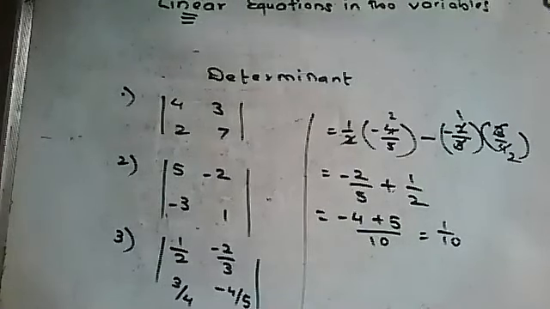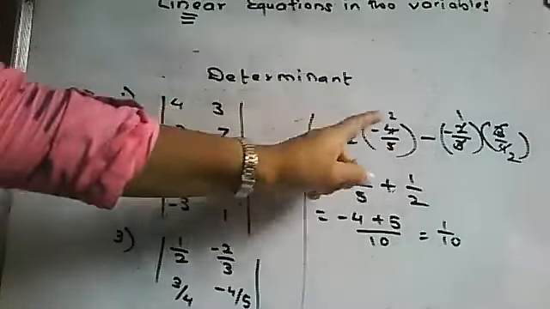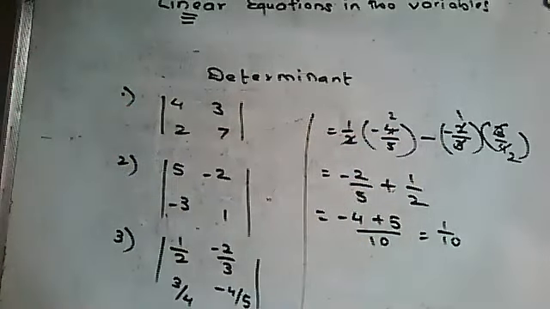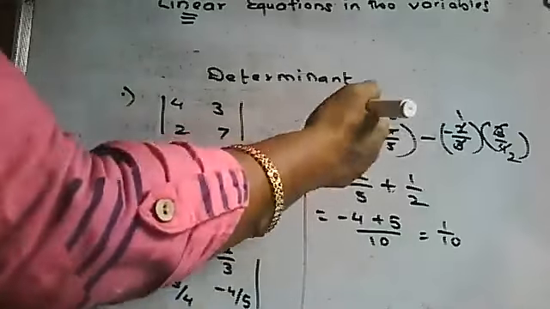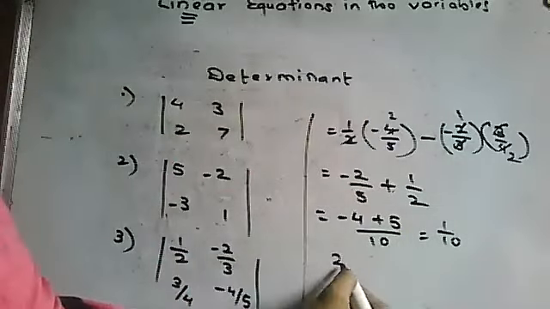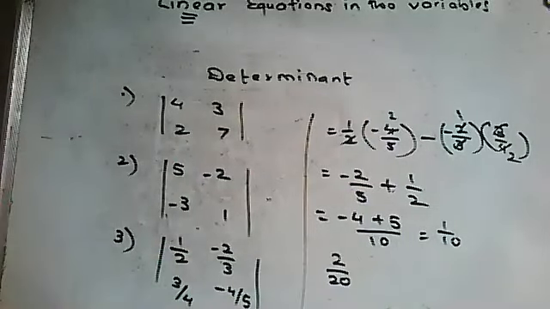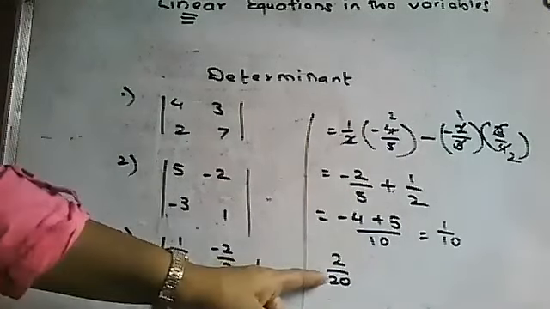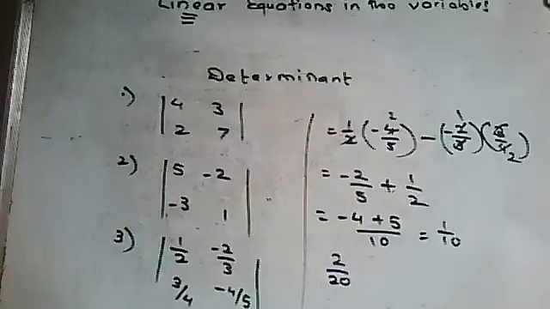Okay, even if you don't cancel, if you keep these numbers same, finally you are going to get the same answer. Students, suppose you don't cancel, and if you are getting 2/20, okay, but they will give you the answer in reduced form. So finally you have to reduce.